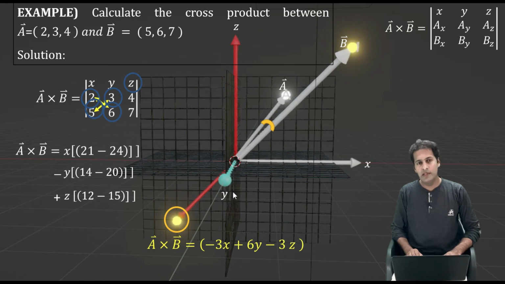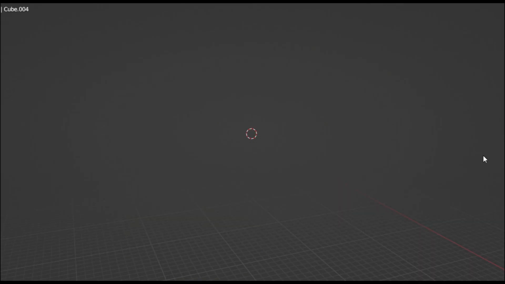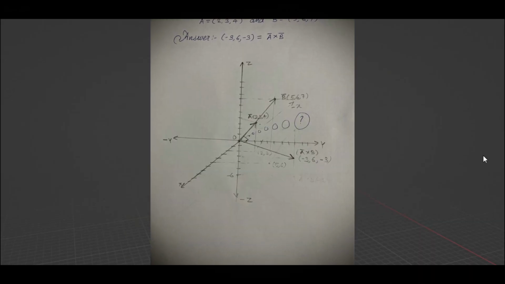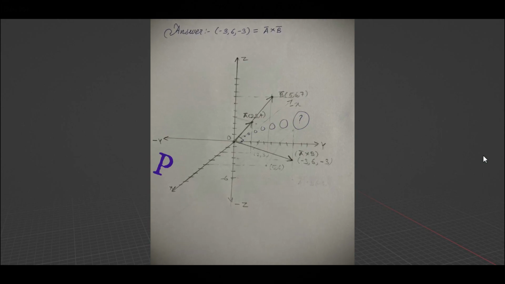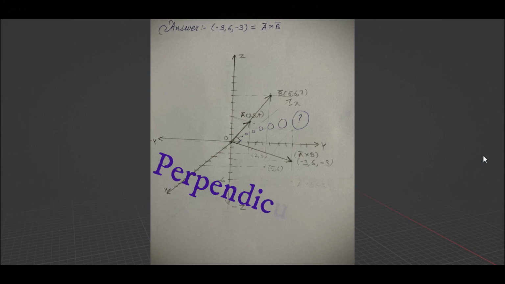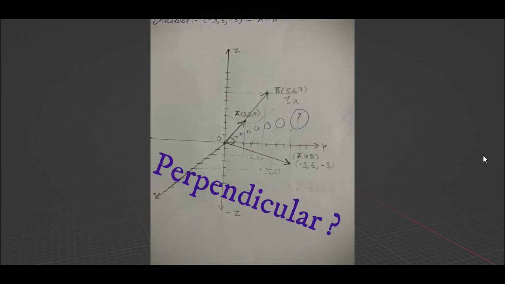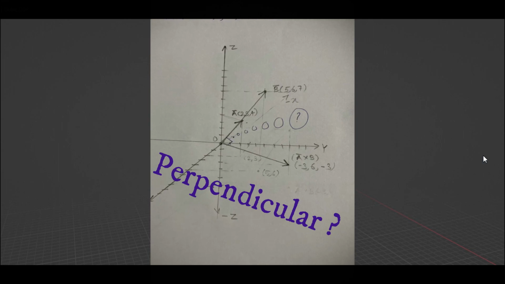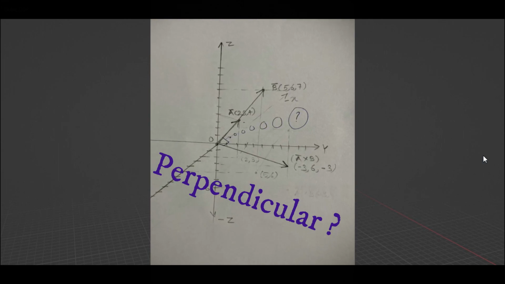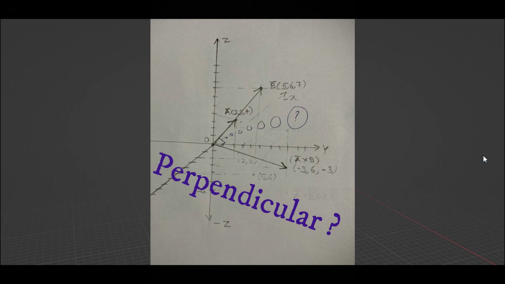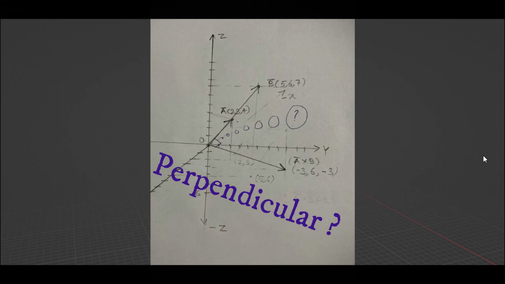So let us finally check where this cross product looks in our 3D setup. Now we have solved the cross product of vector A bar and B bar. We have found that the cross product of A bar and B bar is located at minus 3, 6, minus 3. Let us first check the answer on paper.